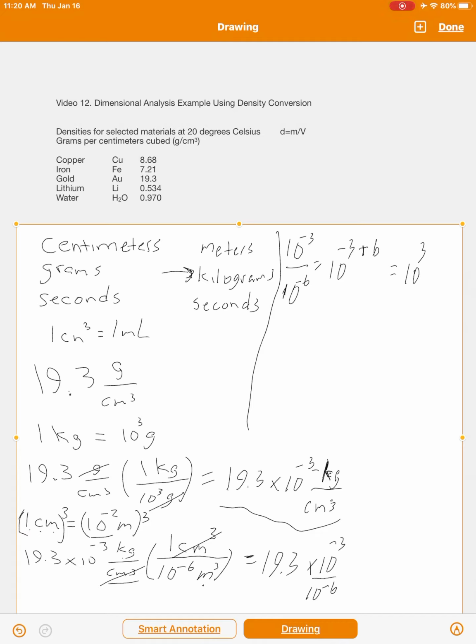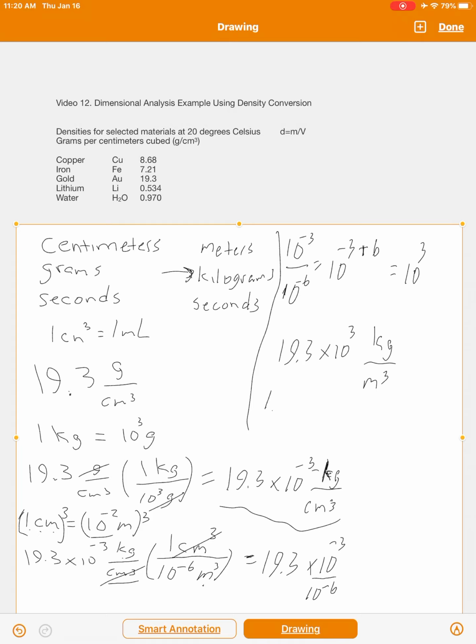So now we would have 19.3 times 10 to the 3. And now we would have the units of kilograms divided by meters cubed. And so 19.3 times 10 to the 3, well, 10 to the 3 is 1,000. So this is really just 19.3 times 1,000.